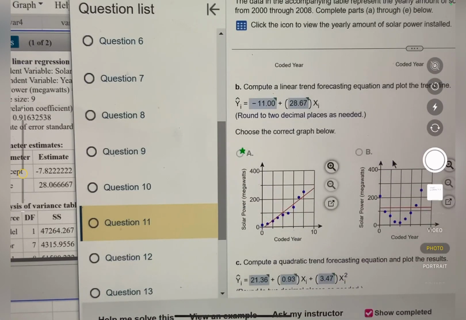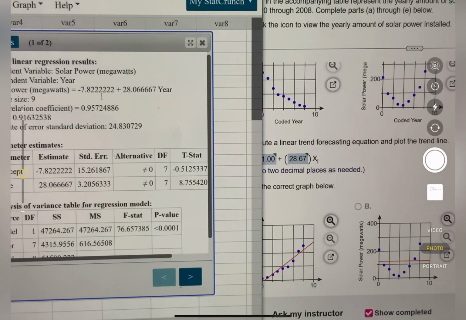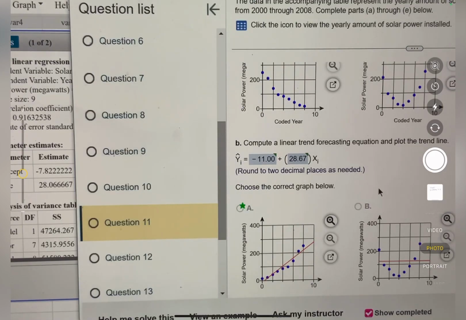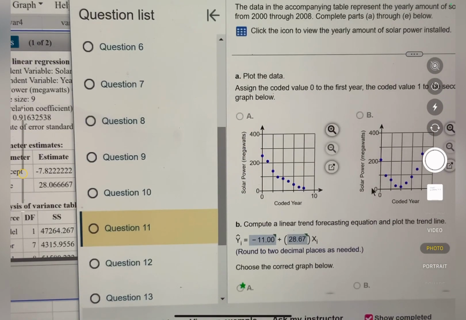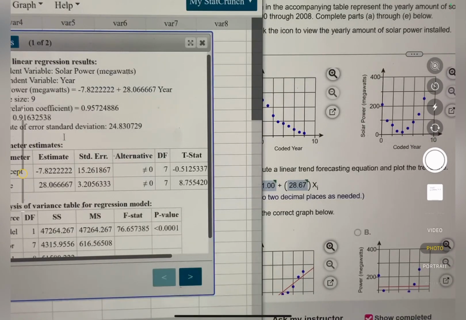A, B, here it is. Negative, oh, we got -7. Is this the right one? Let me see, -11, 28, 67. No, it's not the same.